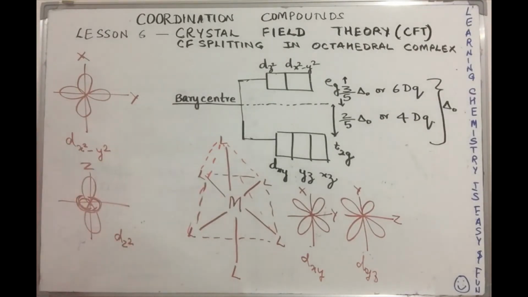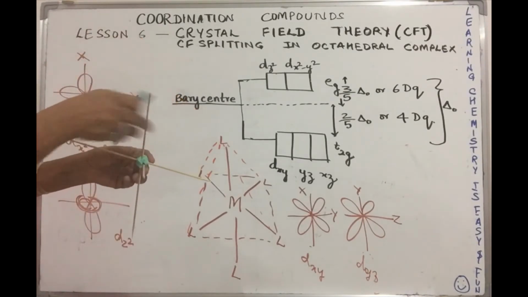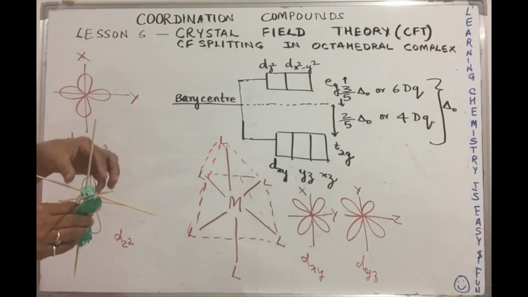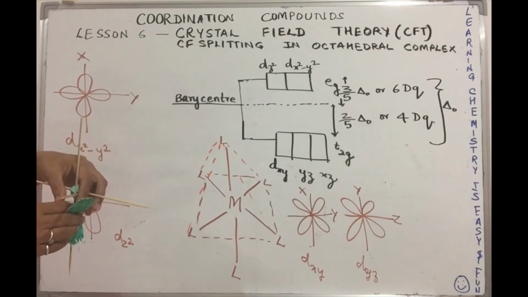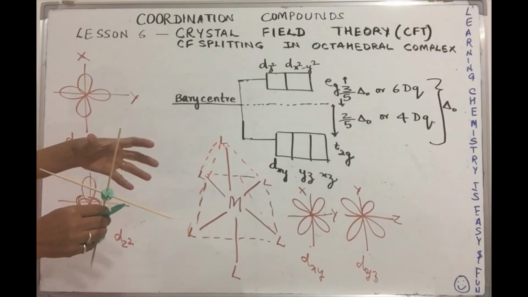My ligands are approaching along the axis. So the ligands here are approaching like this along the axis. When they approach along the axis, in the first stage that we spoke about, the energy of all the orbitals is raised, right?